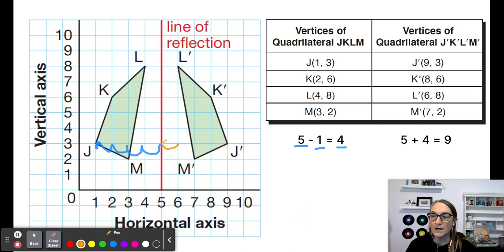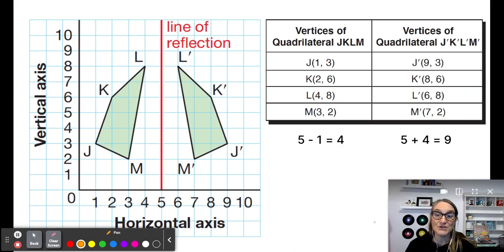And if we add 4, 1, 2, 3, 4, that takes us to 9, which is indeed where we find J prime. So 5, our line of reflection, plus 4, the distance that we know our point must be from the line of reflection, equals our new x-axis value for the same point, J prime, the image.